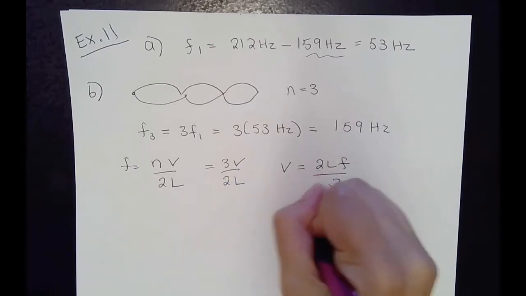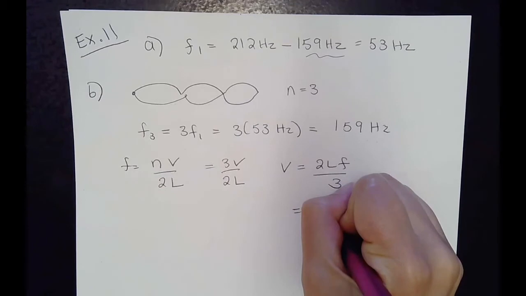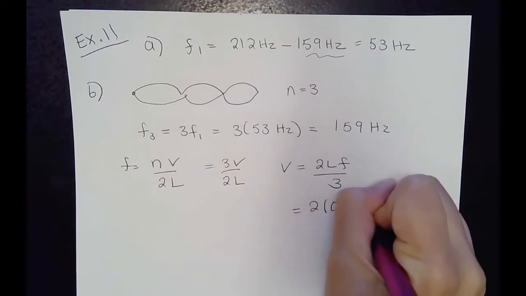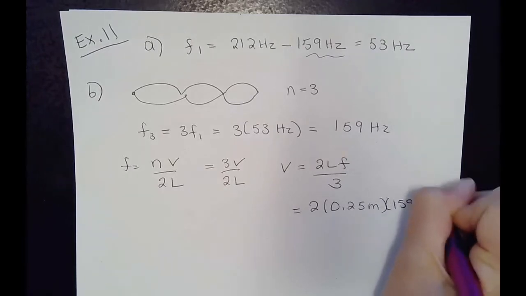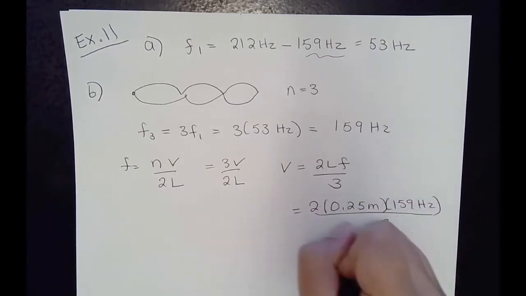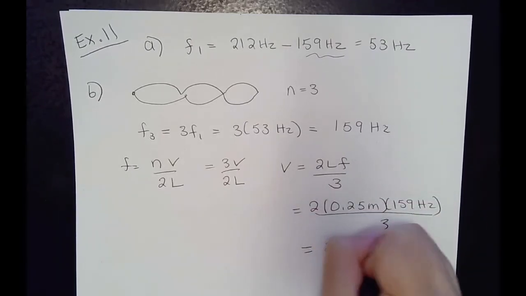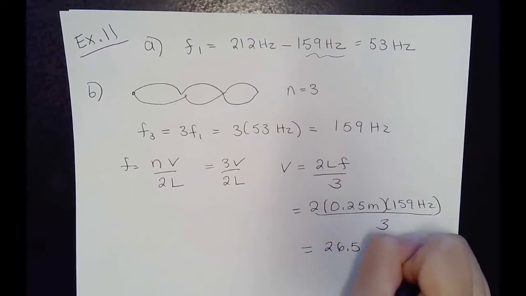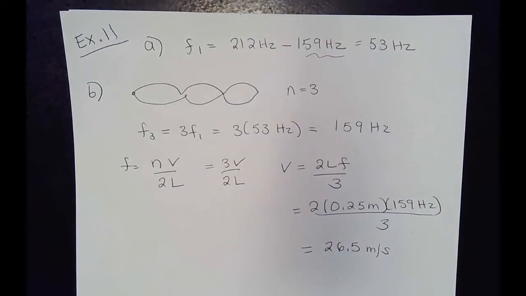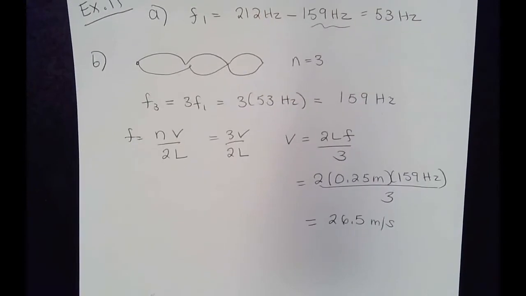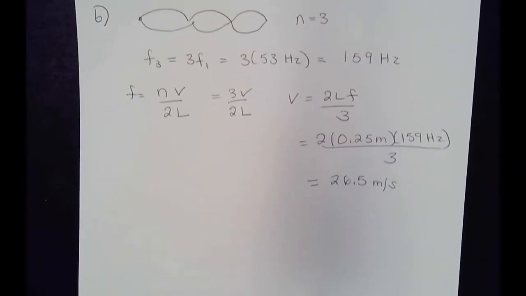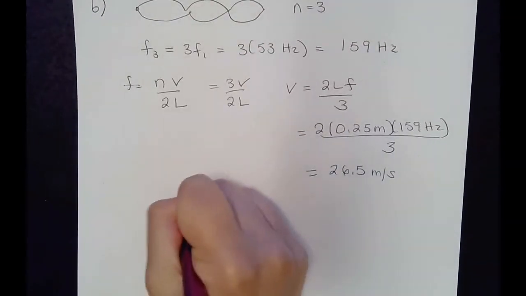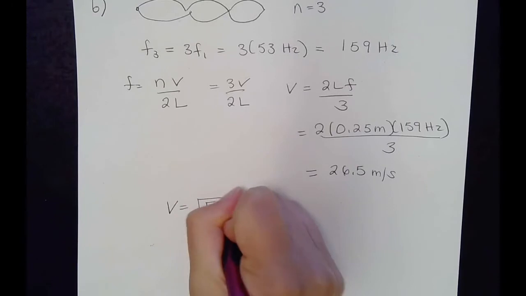We can plug that in, so 2 times the string length, 0.25 meters, times 159 Hz, divided by 3, is 26.5 meters per second. Okay, and that's really what we need to then find the tension. So then, let's move that up. v equals root F_T over mu.